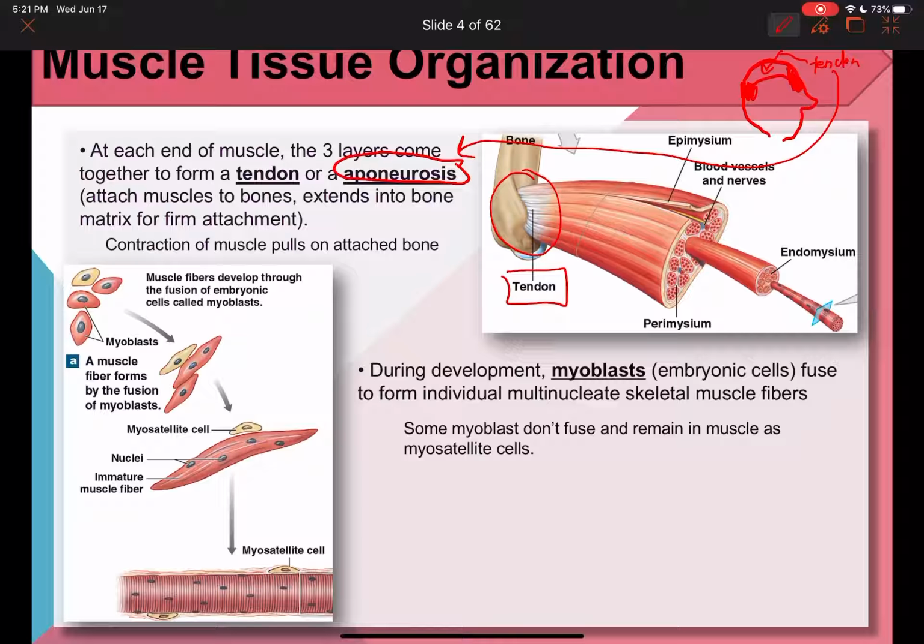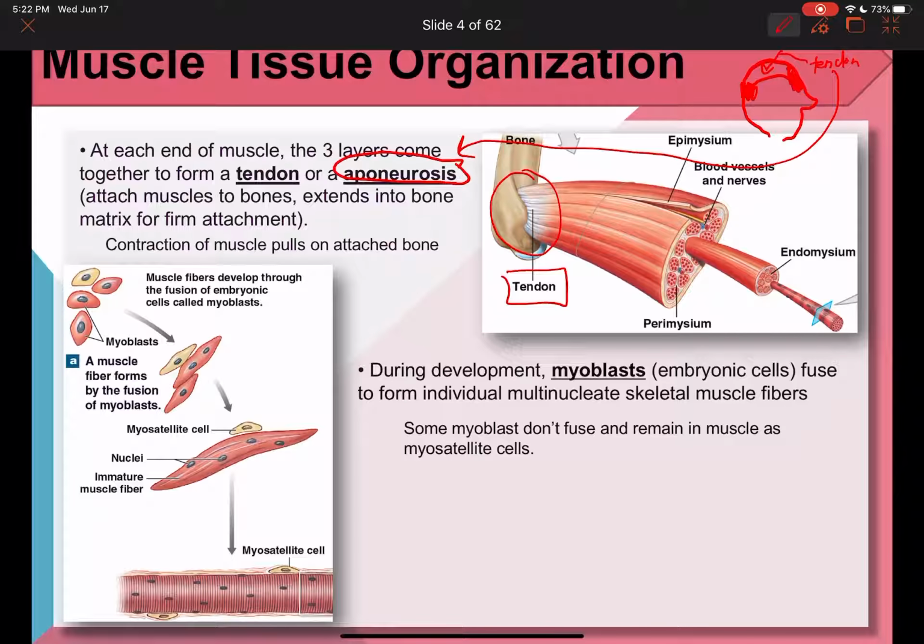Okay. So these myosatellite cells are actually pretty interesting, because there are a lot of people that can benefit if we can control how myosatellite cells work, especially if you have heard of the disease called muscular dystrophy.